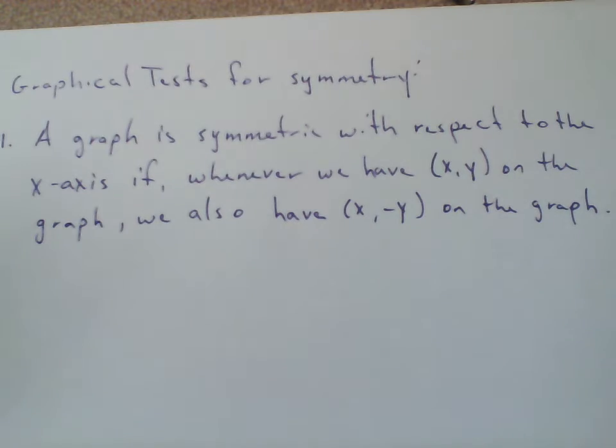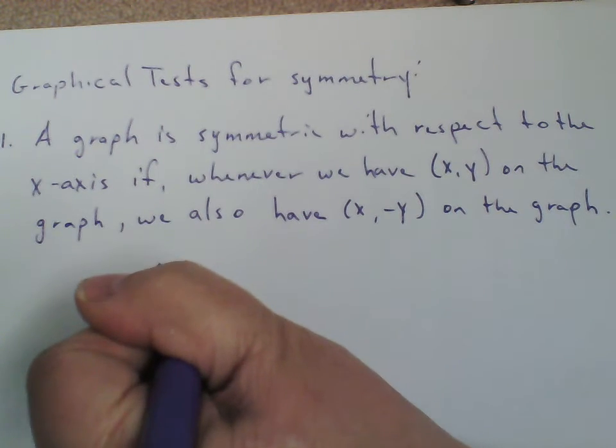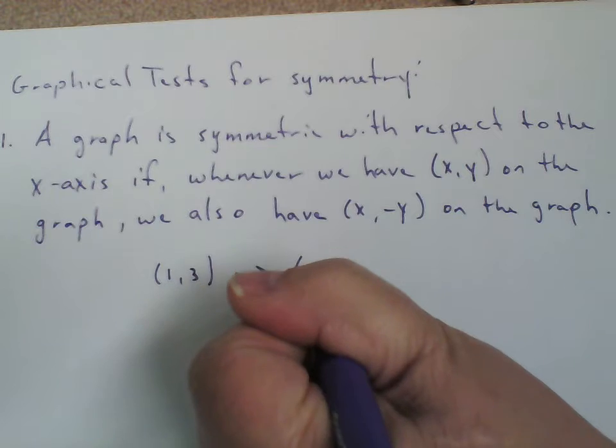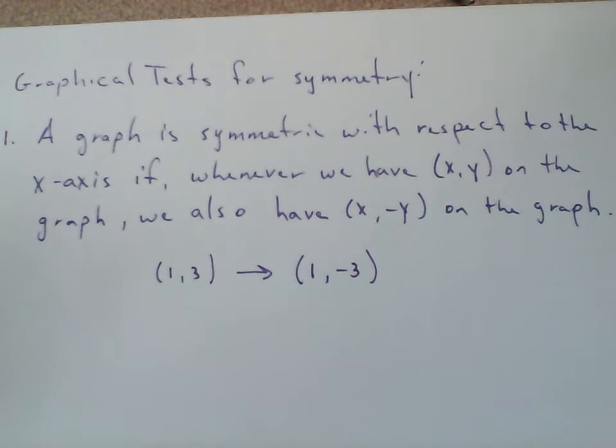When we have x-axis symmetry, it means that for every xy, we also have an x, negative y, right? So if I have a point 1, 3, I also have to have a point 1, negative 3, right?